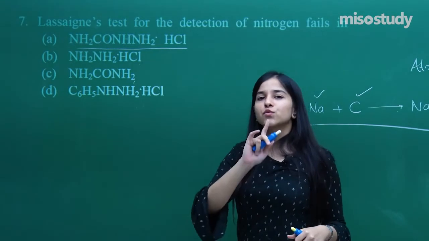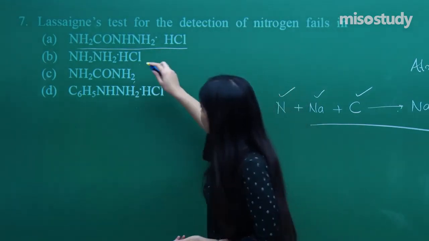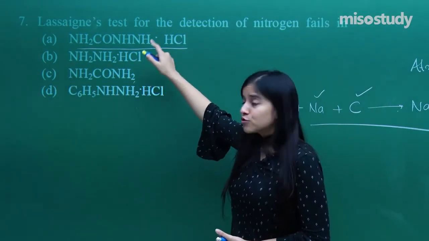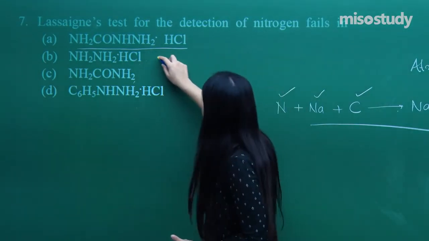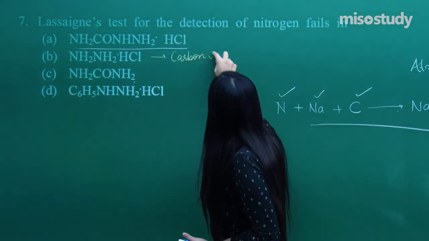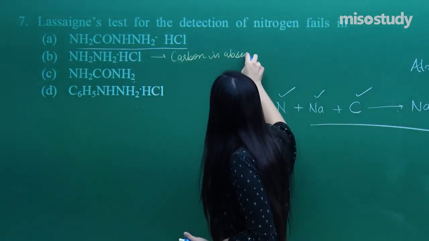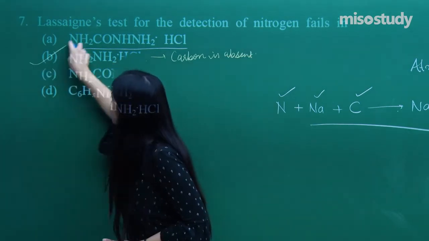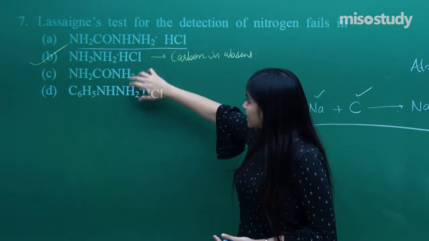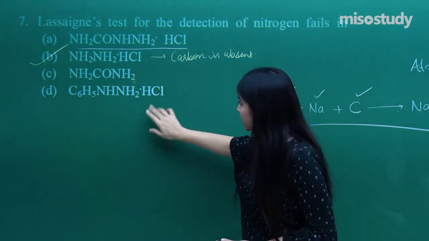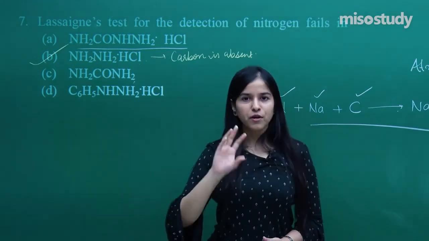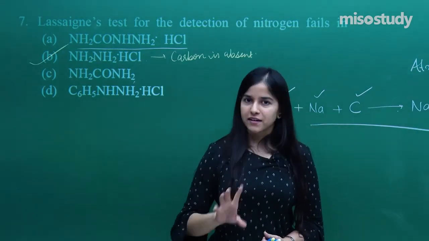What is absent is the carbon in one of the compounds, that means B. So B would not be giving LE. Carbon is absent, right? So that is the correct option. Clear? Now if you just check the remaining three, every option has got carbons and nitrogens which is capable of forming the sodium cyanide. Clear?